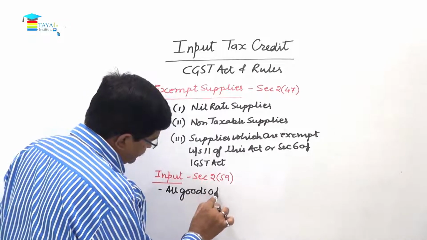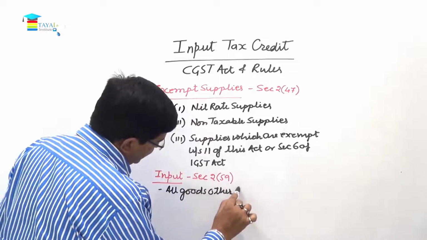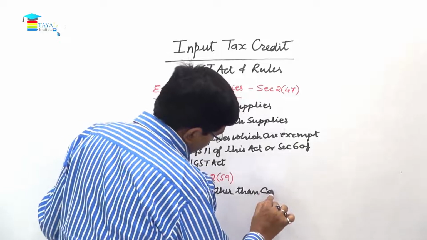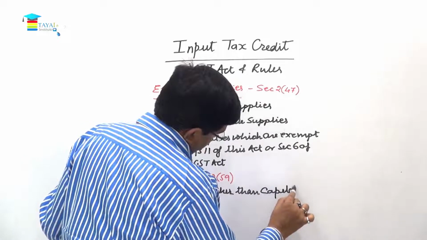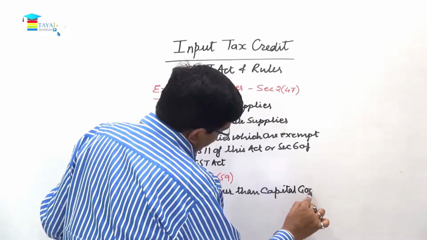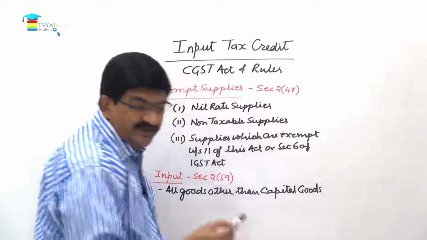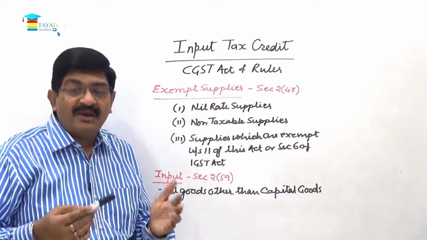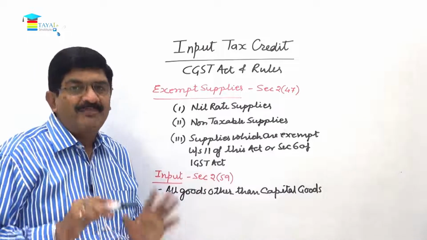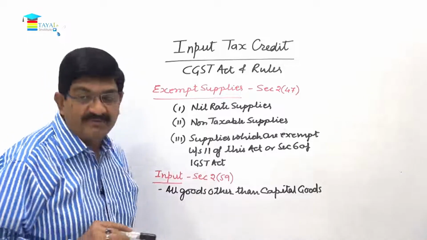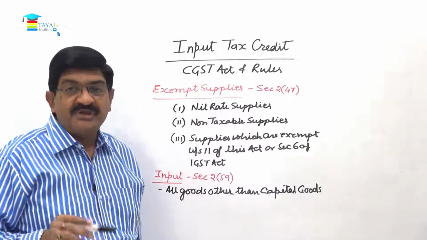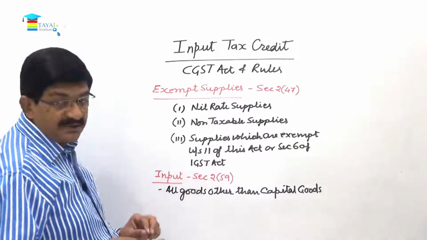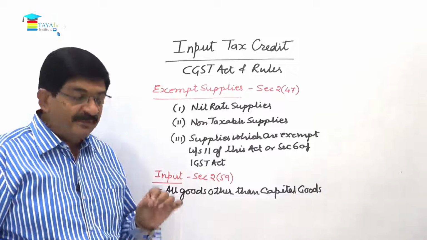In the definition of capital goods, we had said all goods other than inputs. So the basic difference is where the value is capitalized and where the value is not capitalized. That is the main point of difference. The value of the input is never going to be capitalized in the books of account of the supplier, but the value of capital goods is bound to be capitalized.